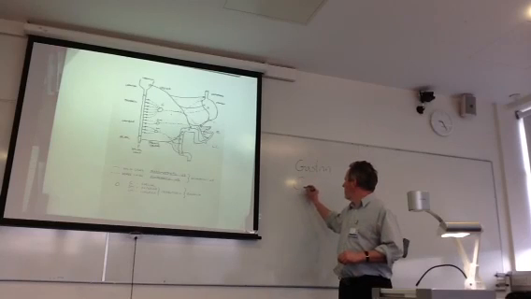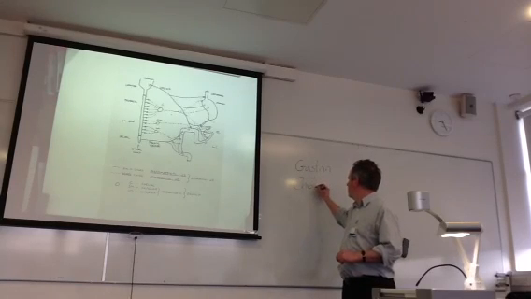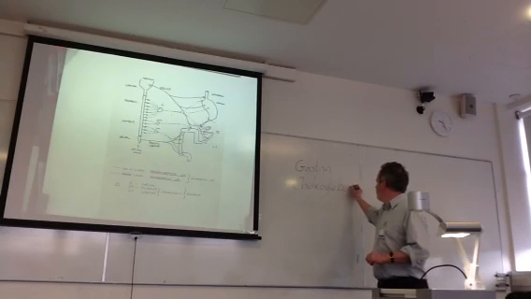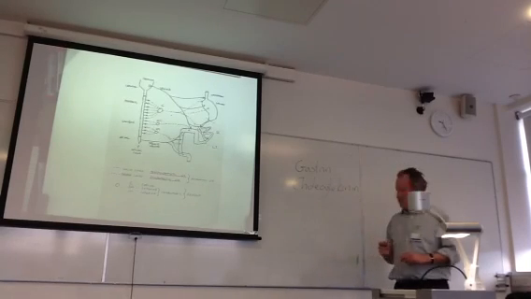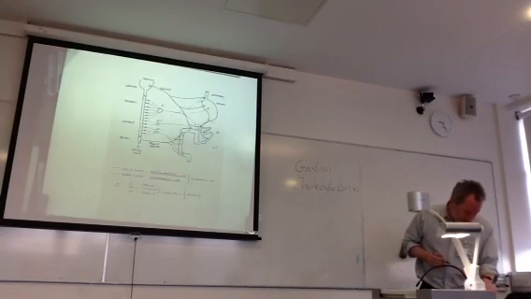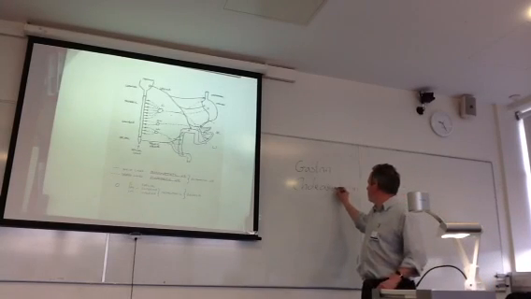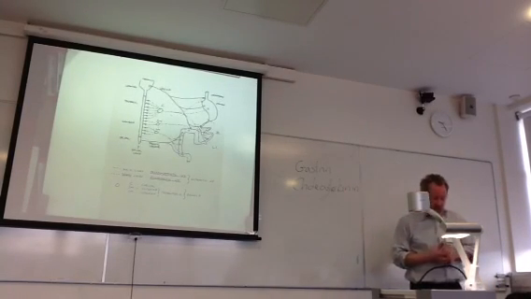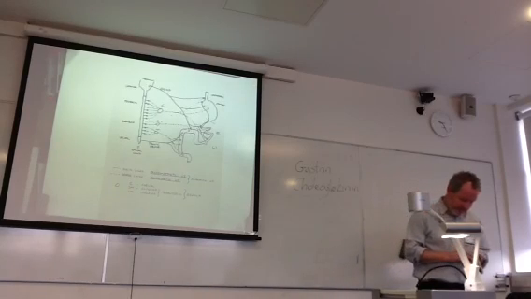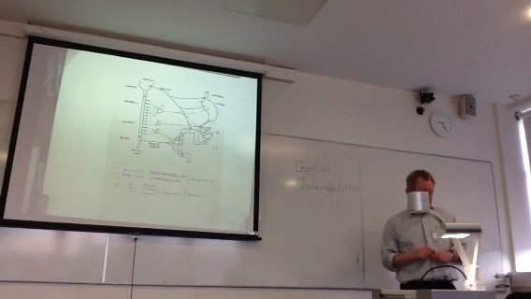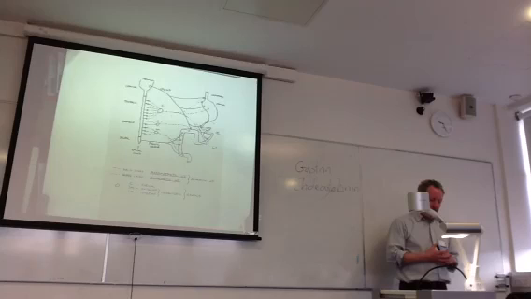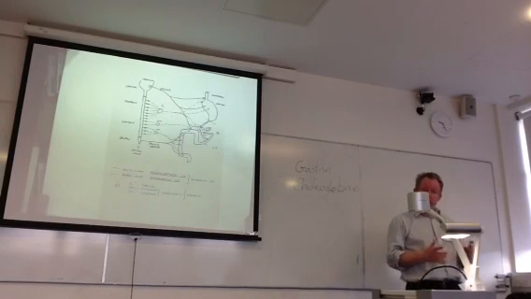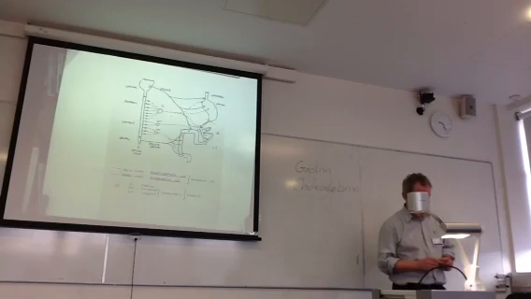CCK, spell it, cholecystokinin. And this is secreted in the duodenum and the jejunum in response to the presence of fat and fatty acids. And this causes bile to be released from the gallbladder into the small intestine to break down its fats.